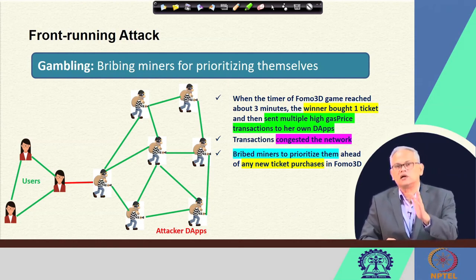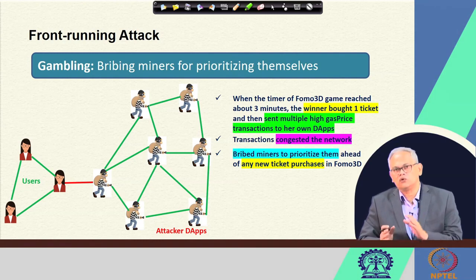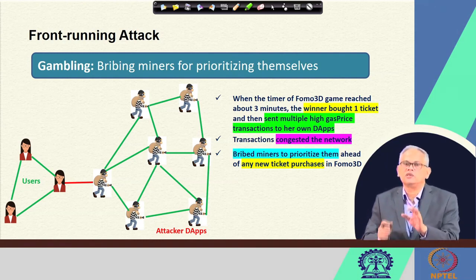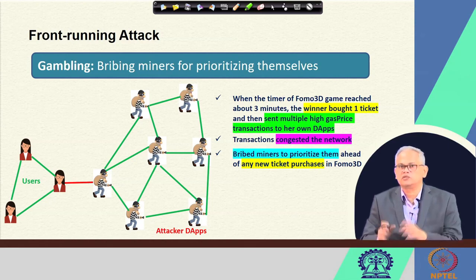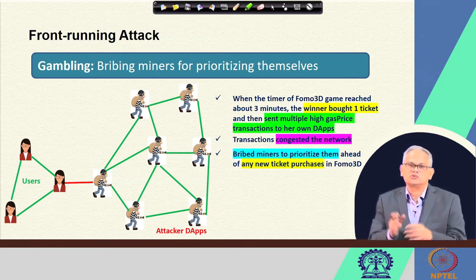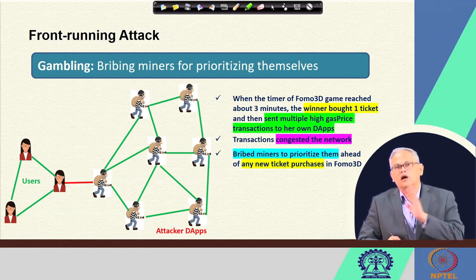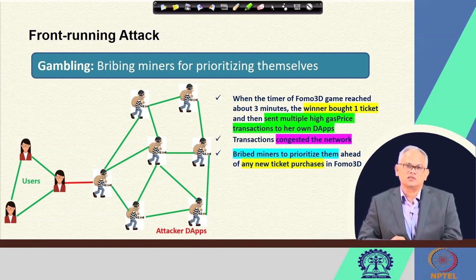It said that there is a target time when it will close, and any user who purchased the last ticket will win the money. Let us call that winning the money getting the jackpot. Let us just use the term. So, say on 1st January 2022 at 10 a.m. the entire game will close, and whoever purchased the last such ticket will get the money.